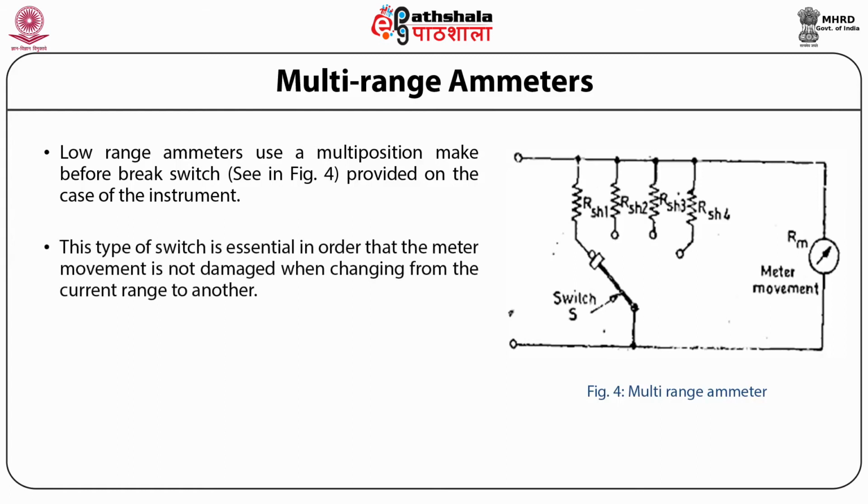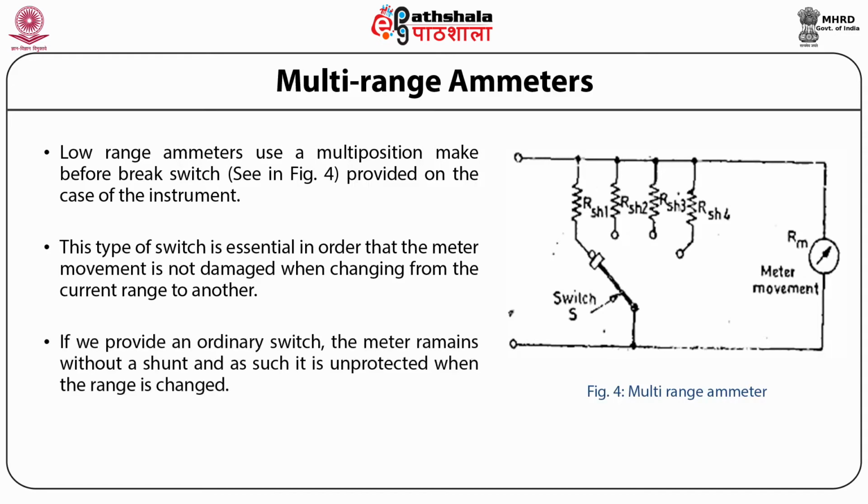This type of switch is essential in order that the meter movement is not damaged when changing from one current range to another. If we provide an ordinary switch, the meter remains without a shunt, and as such it is unprotected when the range is changed.